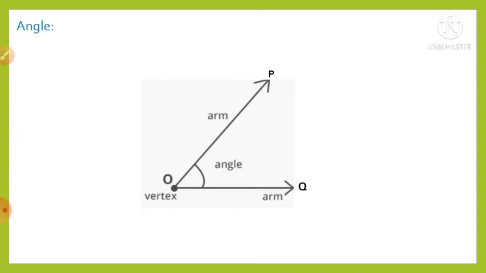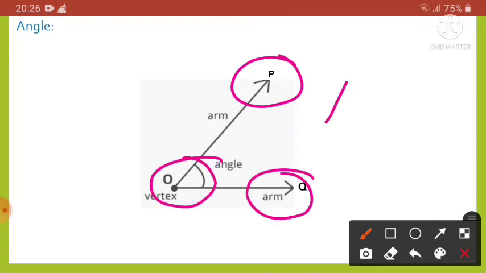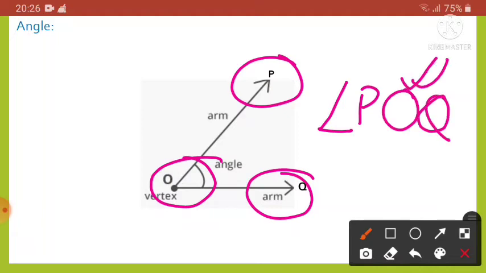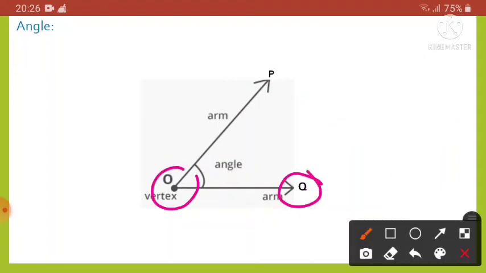Number one, the angle between rays OP and OQ can be named as angle POQ. You write the angle sign and then POQ. We have to write the point where the angle is situated in the middle. Number two, the angle between OP and OQ can also be named QOP.